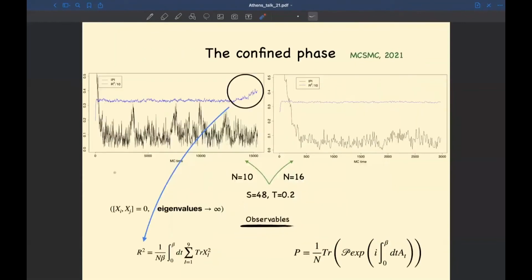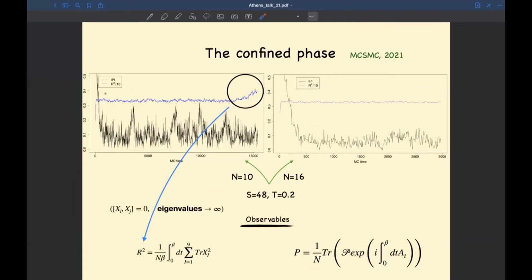But in the next slide, I want to provide some evidence that indeed we see the confined phase in simulations. Here, the two observables under consideration are the sum of the trace of the matrices squared divided by 10 for normalization purposes, given by blue, and the Polyakov loop given by the black line.